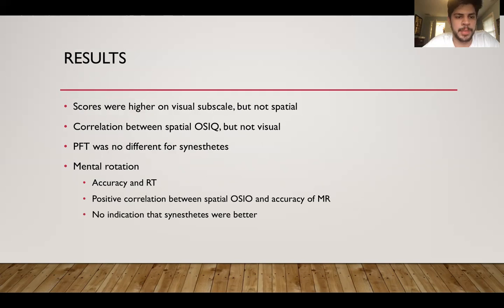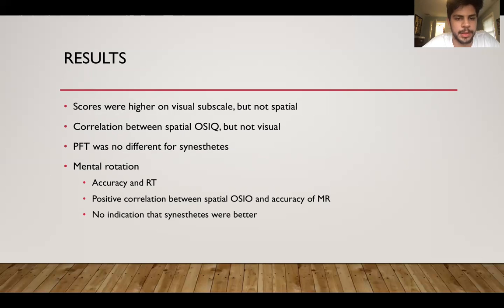And just some of the major results: the scores were higher for the visual subscale, but not the spatial. There was a correlation with the spatial OSIQ, but not visual. The PFT, or the paper folding task, was not really different for synesthetes.